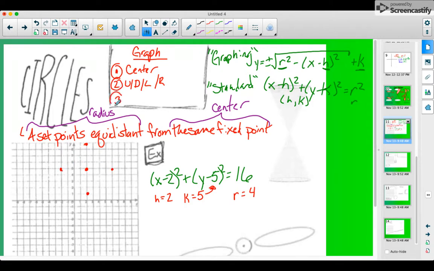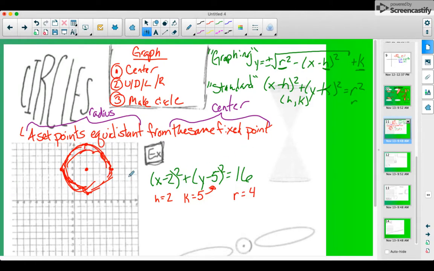Then from there, you connect to make a circle. Now, as long as it's not a diamond, you're going to be fine. So as best you can, make a circular shape here that's not diamondy. That would be our circle.